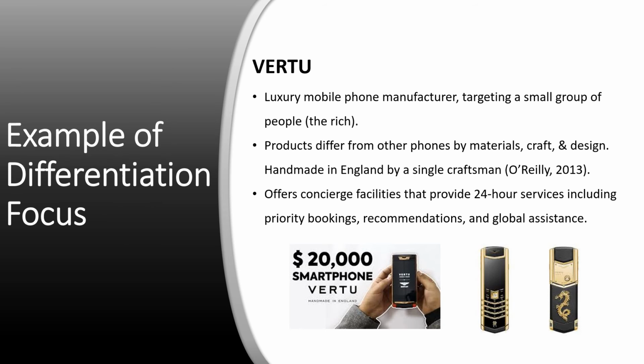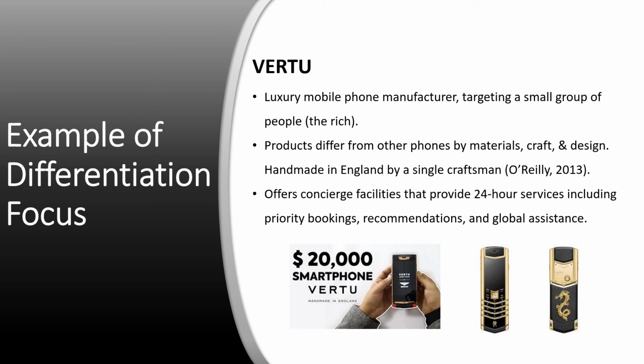The last example is Vertu. Maybe not many people know this brand, but Vertu was a British-based manufacturer established by the Finnish mobile phone manufacturer Nokia in 1998. Not many people know it because the brand is really dedicated to a certain market segment.